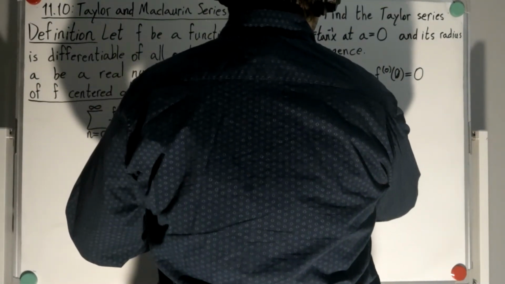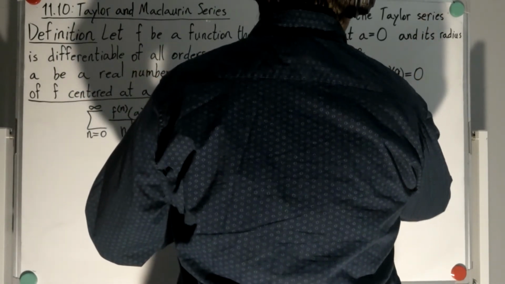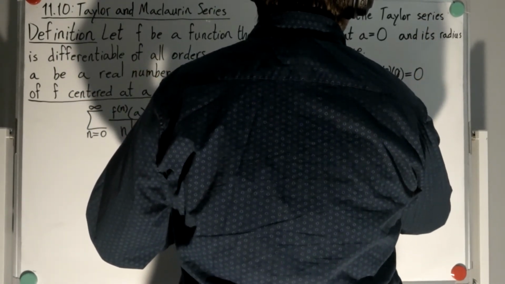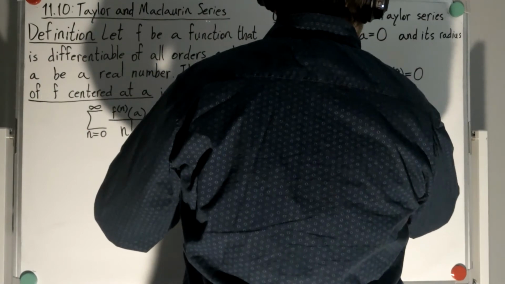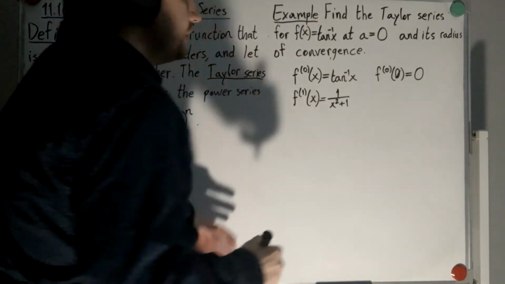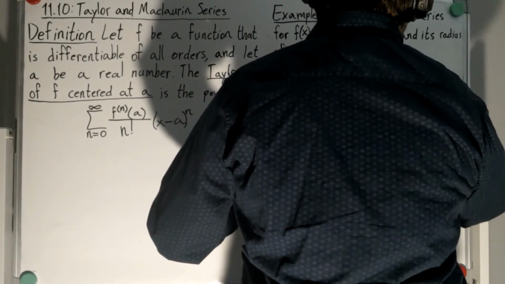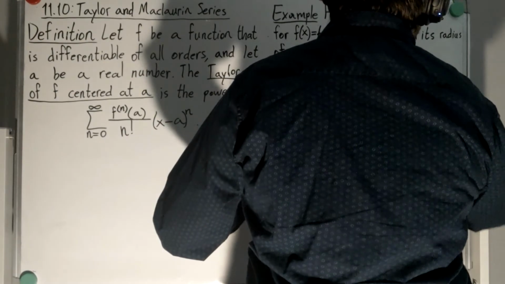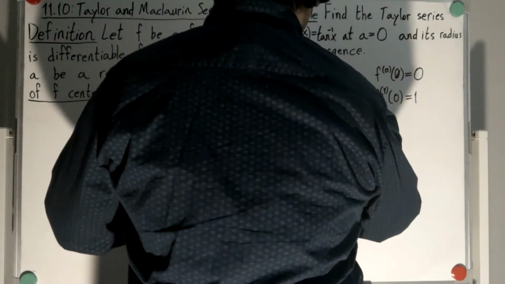You take one derivative. The derivative of arctangent x is 1 over x squared plus 1. Evaluate this at 0, and you just get 1. You take another derivative.